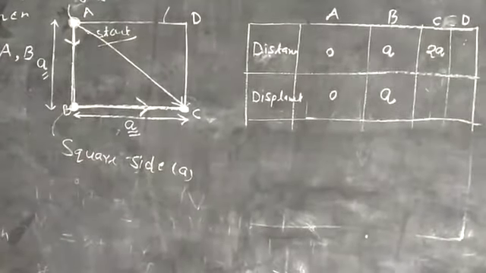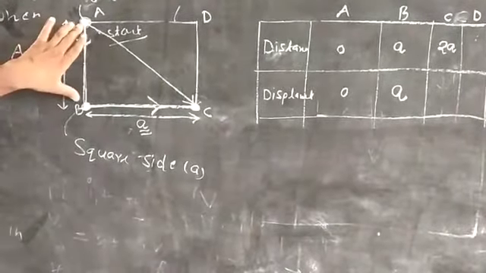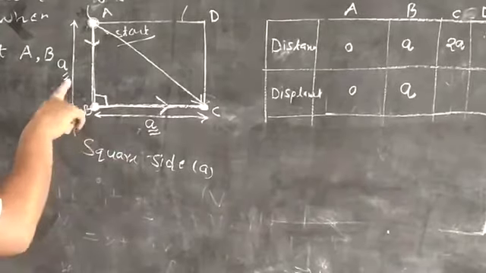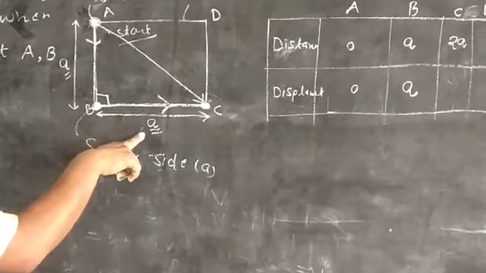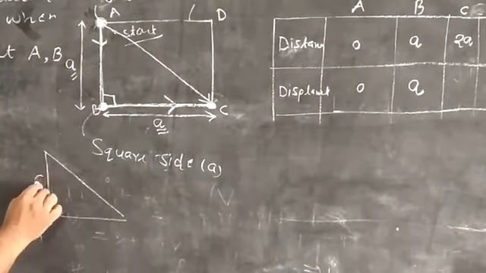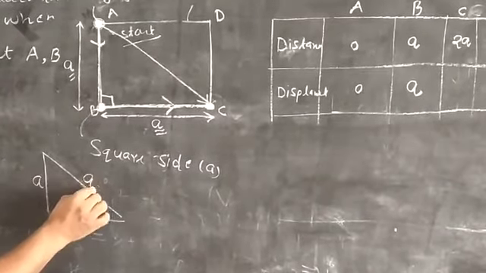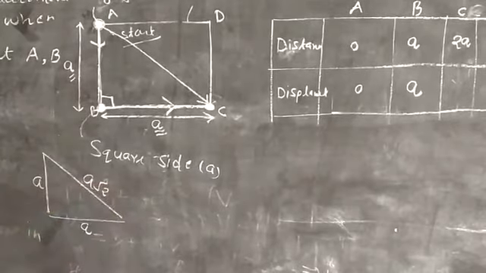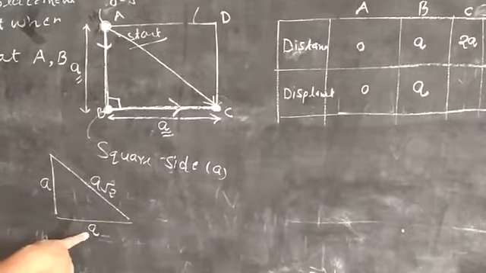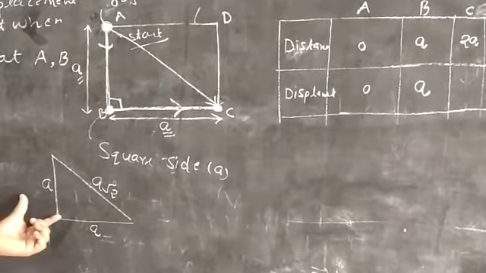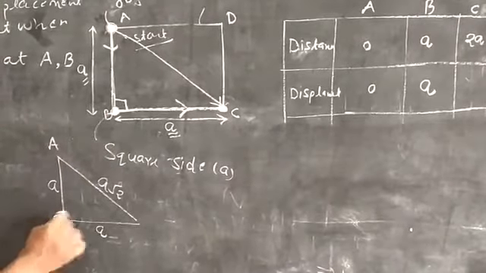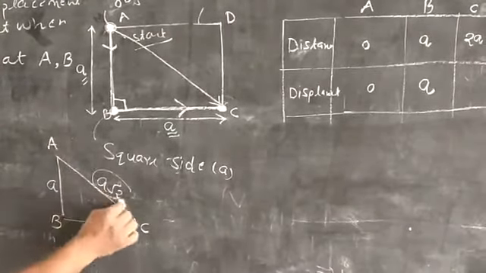Here we see this is a right angle triangle with sides A and A. We apply the Pythagoras theorem: this square plus this square, and taking the root of this value gives the length of the diagonal, A root 2.